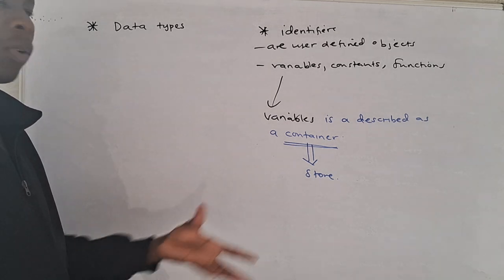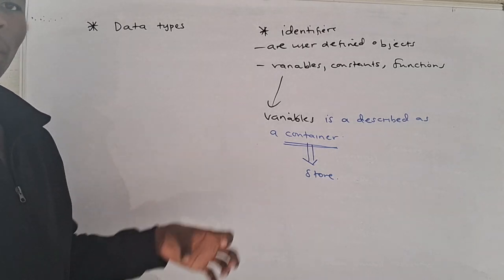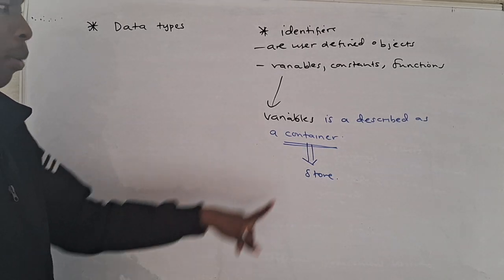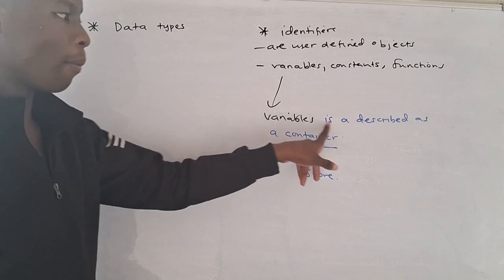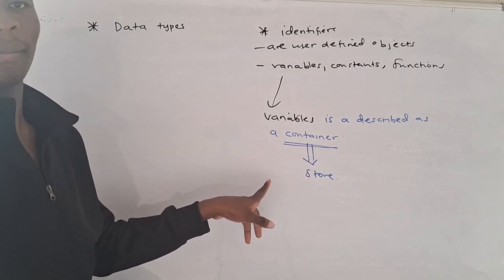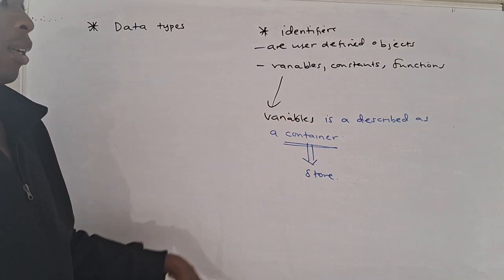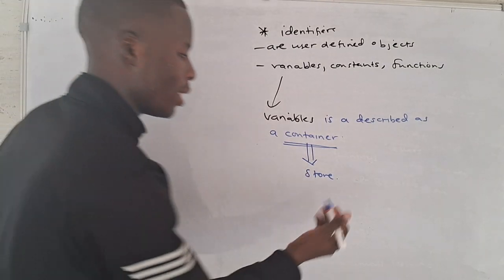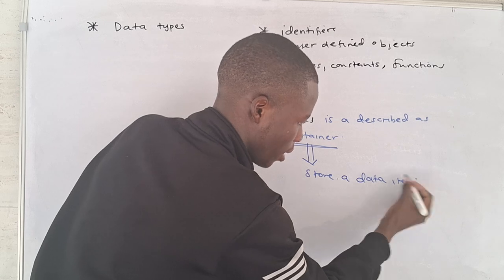In that juice bottle, you can store juice, you can put water there, right? So the purpose of a container is to store something. So what is a variable? A variable is nothing but an identifier which is used to store a data item.